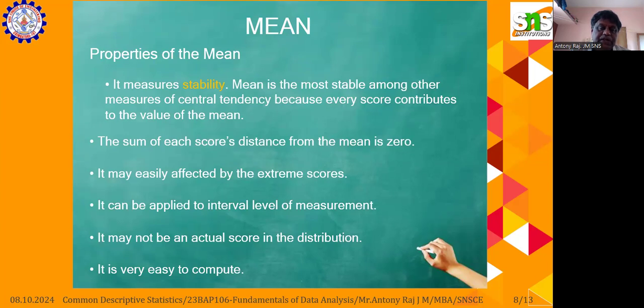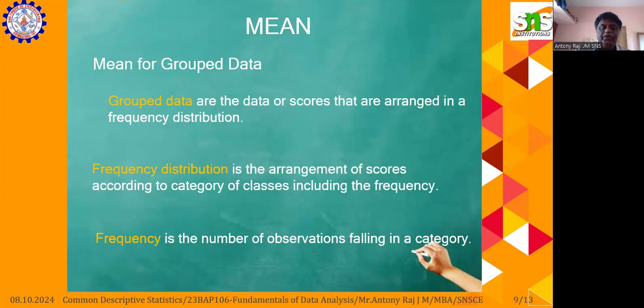It is easily affected by extreme scores, because when you have extreme scores, the mean tends to vary. These are also called outliers. The mean can be applied to the interval level of measurement. The mean may or may not be an actual score in the distribution. And it is very simple and easy to compute.